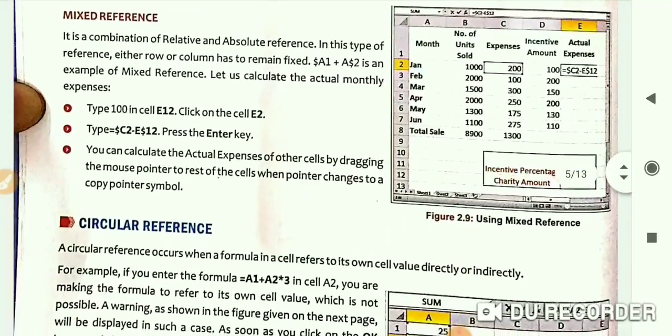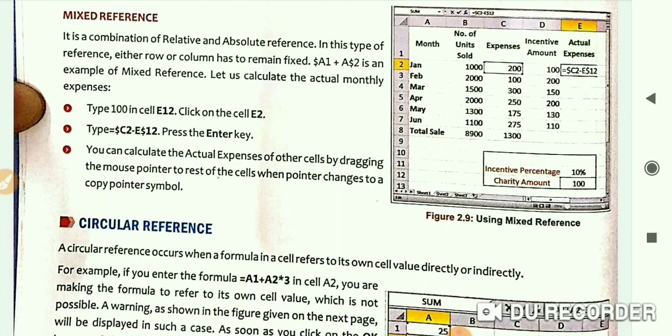And the third one is mixed reference. It is a combination of relative and absolute reference. In this type of reference, either the row or the column has to remain fixed, like $A1 plus A$2 is an example of mixed reference.